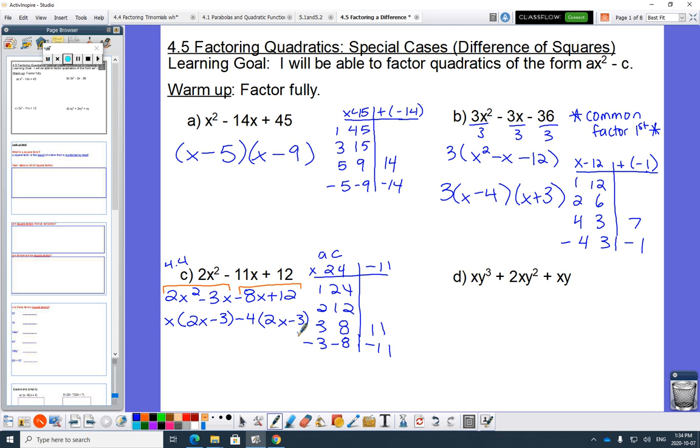If you like to write what you're dividing by, write that in too if you want, but you don't have to. So now our common factor is 2x minus 3, and then x minus 4 is what's left.